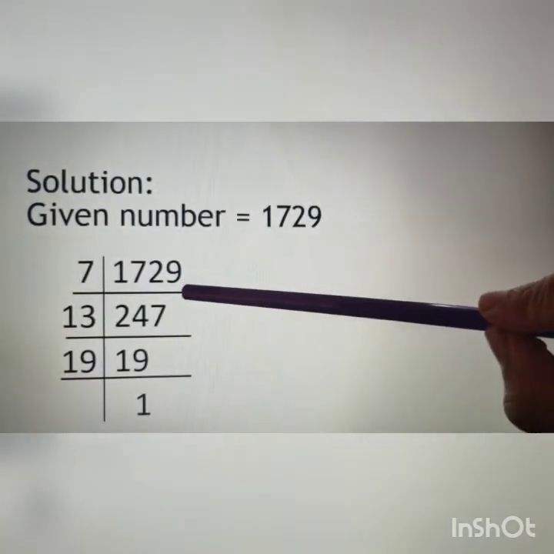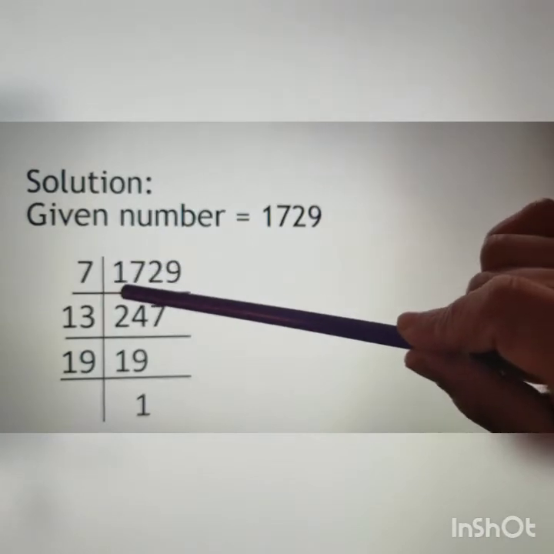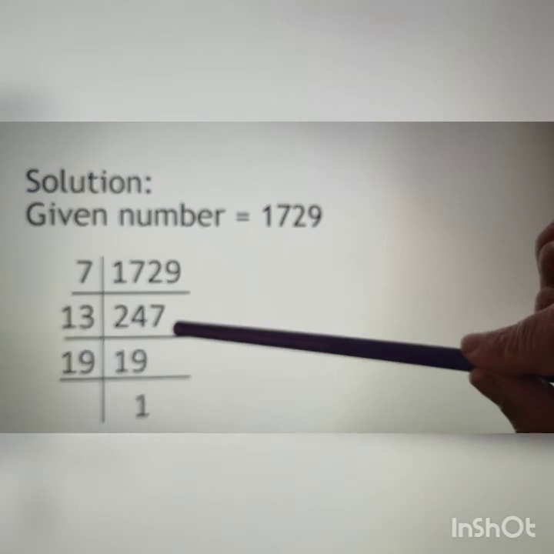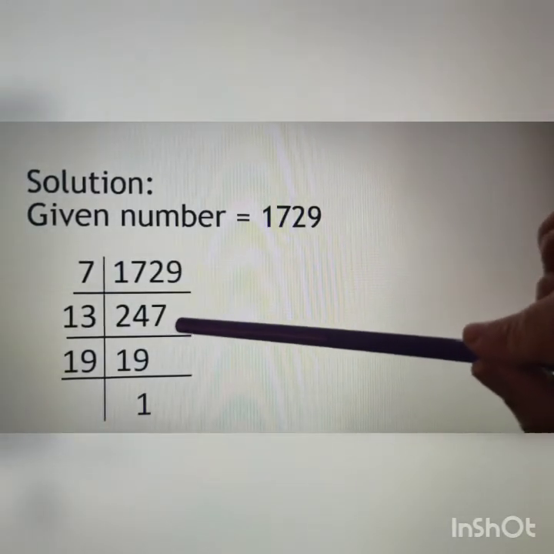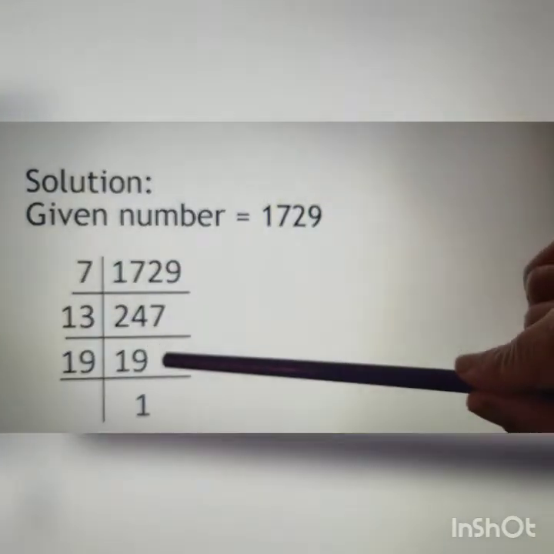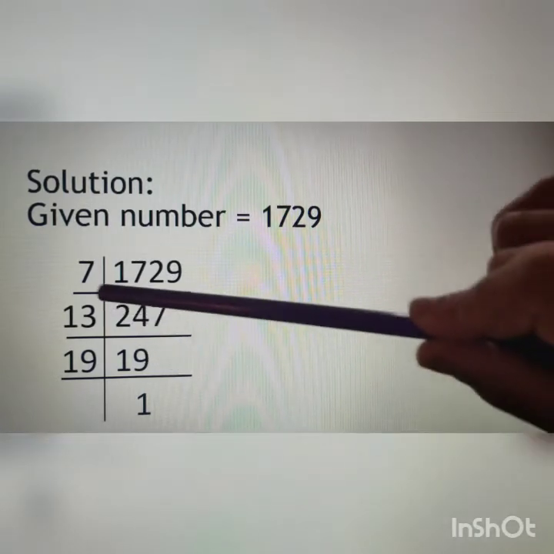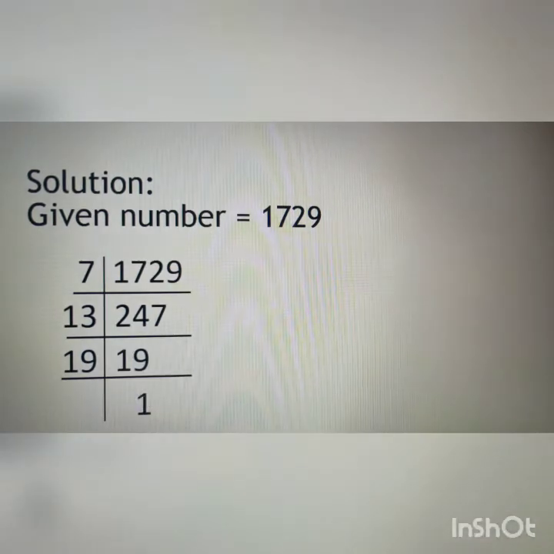The next prime number after 5 is 7, and it is divisible by 7, and we get the quotient 247. 247 is not divisible by 2, 3, 5, 7 and 11, and it is divisible by 13, and we get the quotient 19. And 19 is a prime number, so it will be divisible by the number itself, and we get the quotient 1.